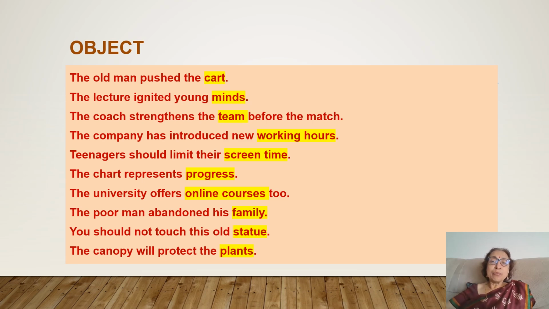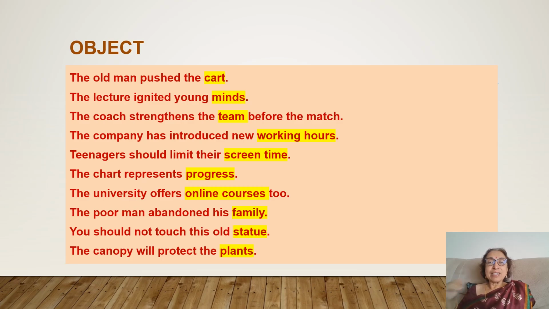So if you want to add more information to the sentence, you can keep adding information by putting a noun. You can make the sentence long. The coach strengthens the team before the match by giving coaching every Sunday at 5 o'clock in the evening. So long a sentence. You have added before the match, on Sunday.